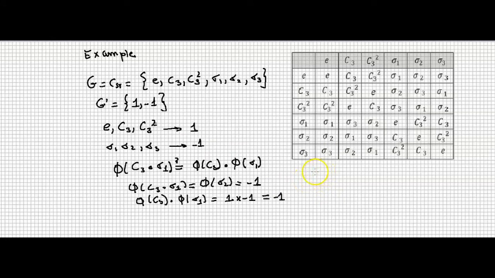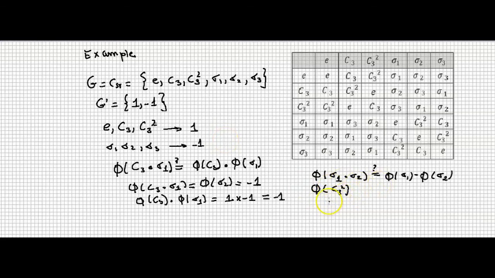Now if I take another example, phi of sigma 1 multiplied by sigma 2, is it equal to phi of sigma 1 multiplied by phi of sigma 2? So sigma 1 multiplied by sigma 2 is equal to C3 squared, and phi of C3 squared here is 1.